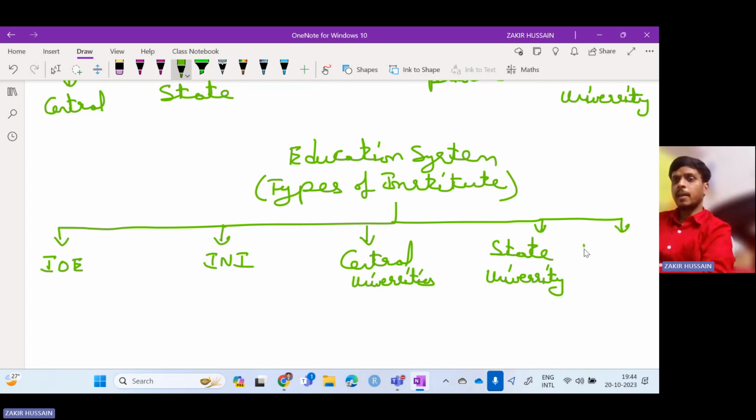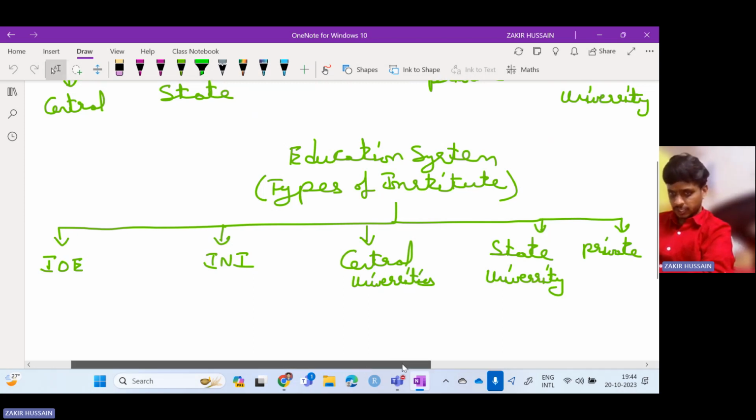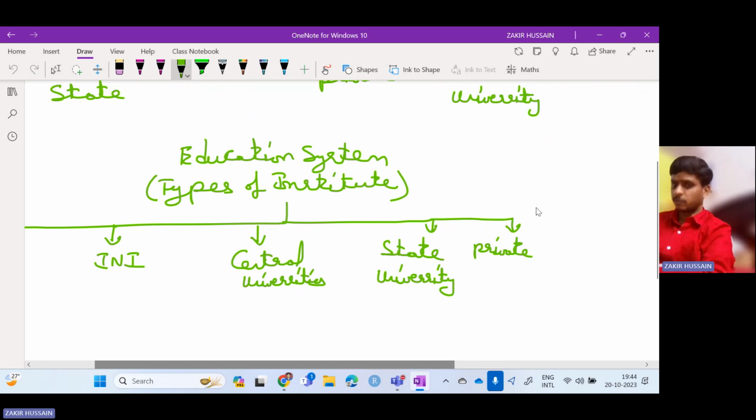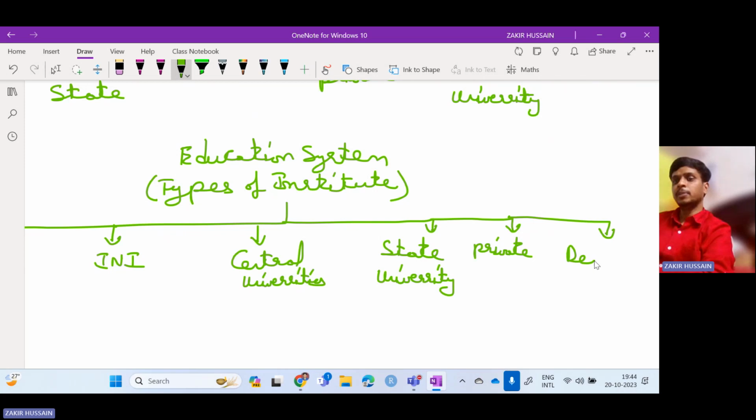And next we have completely private universities, which have been enacted by the legislation of the state government, but funded by private entities. Then the next category, we have deemed universities, popularly called deemed to be universities.